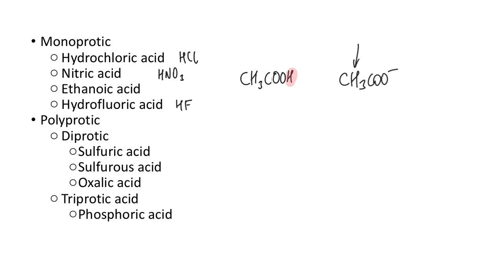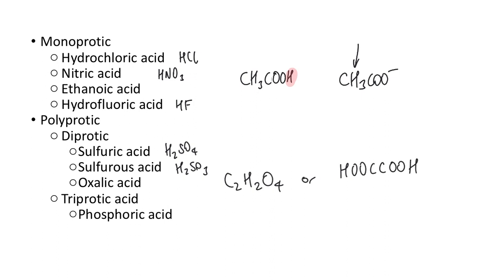Then we have the diprotics: sulfuric acid, H2SO4, sulfurous acid, H2SO3, and oxalic acid, which is sometimes shown as C2H2O4, or HOOCCOOH. In this case, both of these hydrogens can fall off.